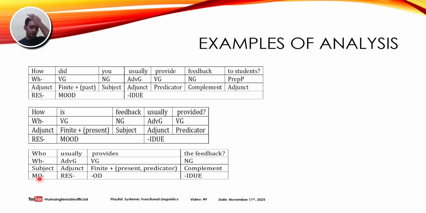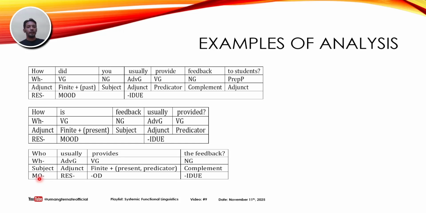Okay, so that's all about the mood system. I hope that we can learn something from this video, and that by looking at the examples, we can have a big picture of how the mood system looks and how we can analyze the interpersonal mood, the types of interaction and the commodity being exchanged through the clause by using the mood system.